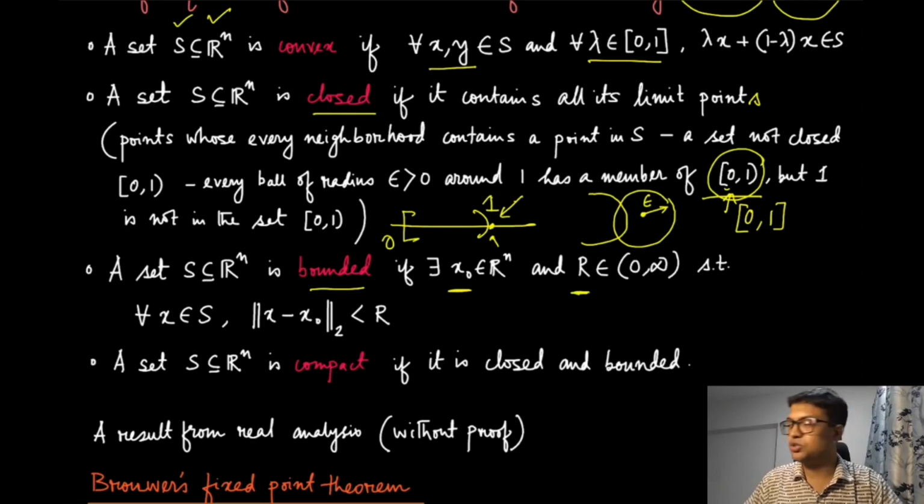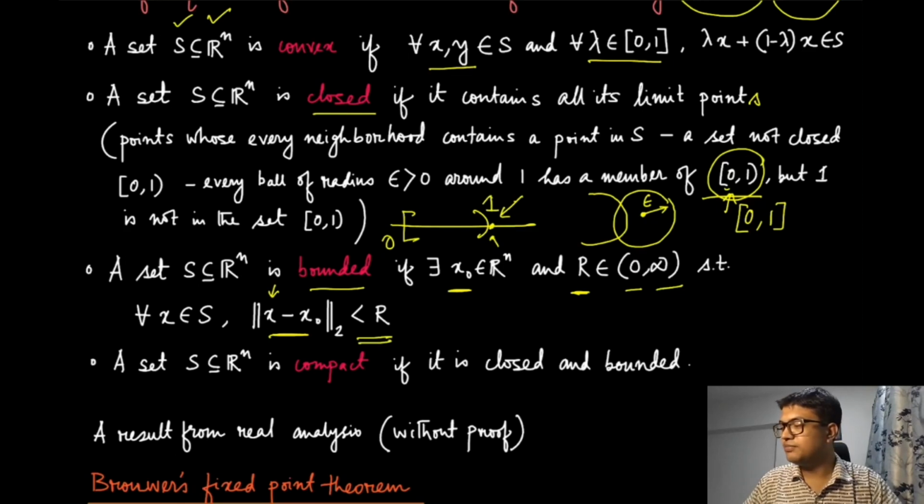So this should be larger than 0 and should be smaller than infinity. So it is a finite radius r, such that for every x that is living in S, if you take the distance between x naught and x, and we are just looking at the L2 norm, that should be smaller than r.